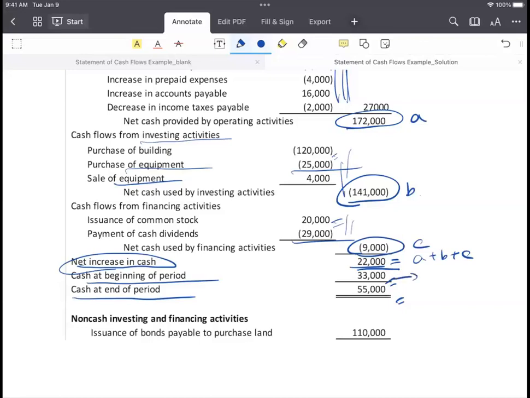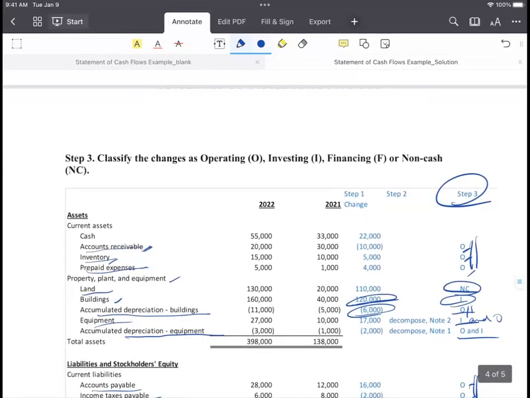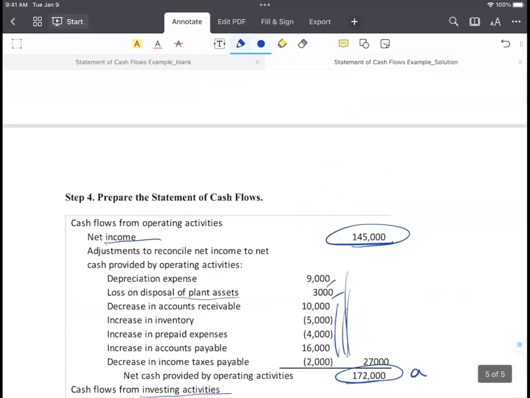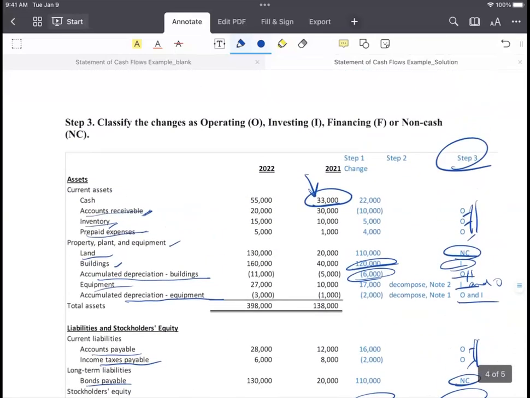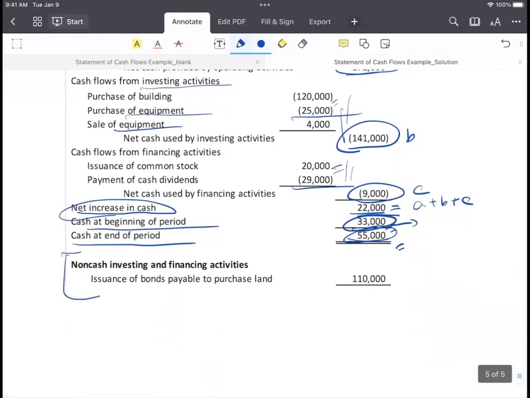If you look at this, 33,000 is going to be exactly equal to the firm's cash balance on the balance sheet at the beginning of the period. And this 55,000 is going to be exactly equal to the firm's cash balance on the balance sheet at the end of the period. And at the end, we need to disclose the non-cash activities, 110,000.